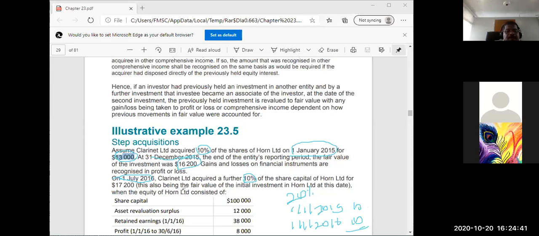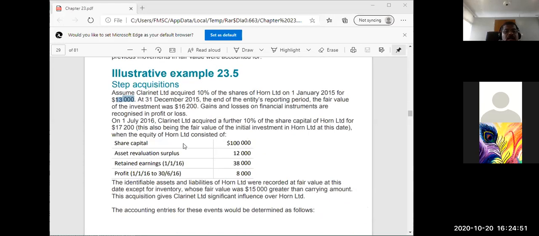Okay. When the equity holdings were acquired, by that time your investment, net assets, share capital, asset revaluation surplus, retained earnings, profit.